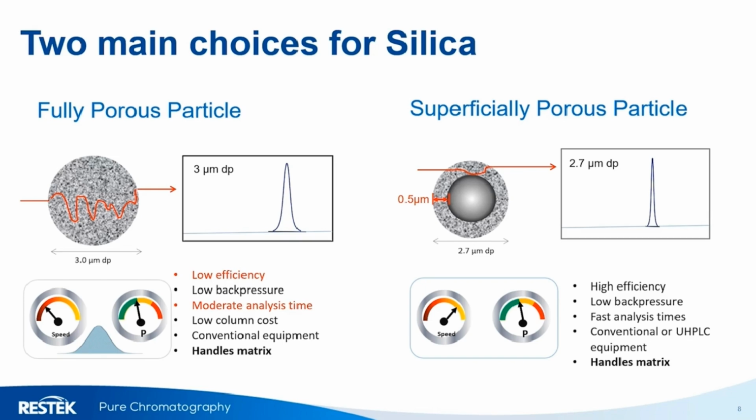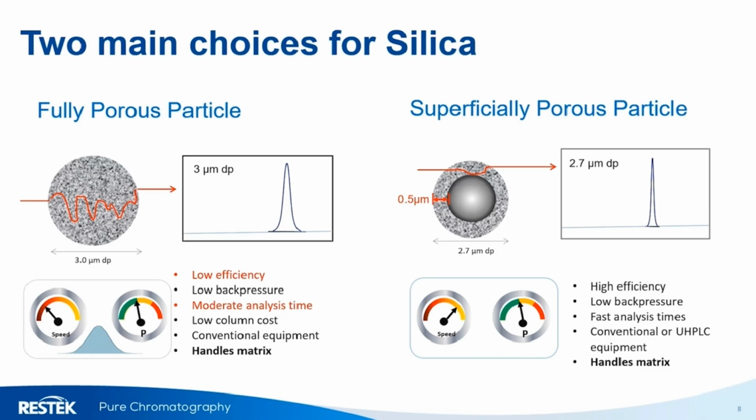So your analytes are entering and they're going through interactions between the stationary phase and mobile phase all throughout this particle and emerging, versus the superficially porous particle, where the analytes can only diffuse through the porous outer layer. The solid impermeable core does not allow the analytes to go through, or even the mobile phase, so they are just interacting with that shell.